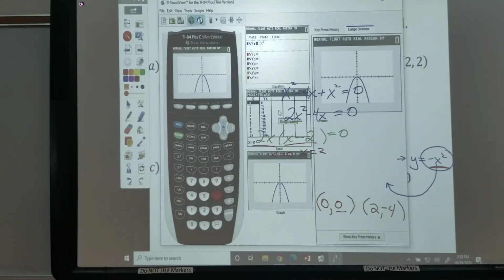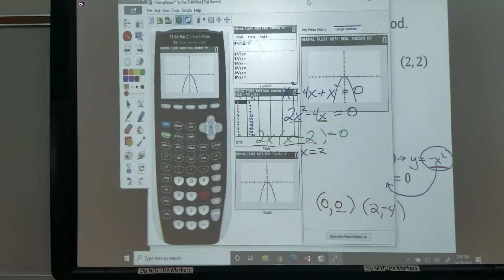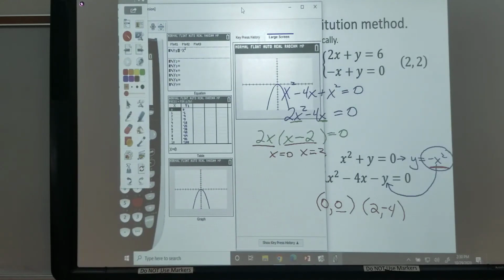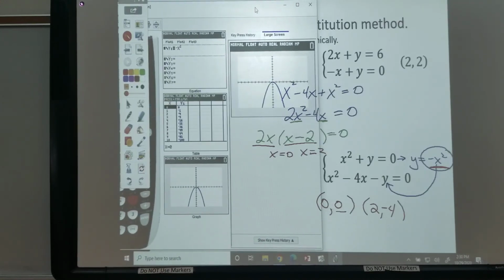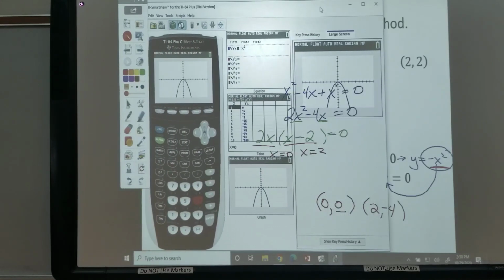Now the other equation, if I solve it for y, if I move y to the other side, y is going to be equal to x squared minus 4x. You can't really see that because I've already covered that up.